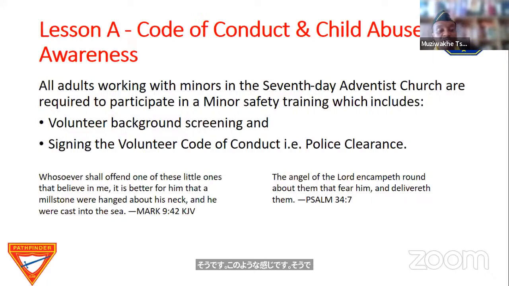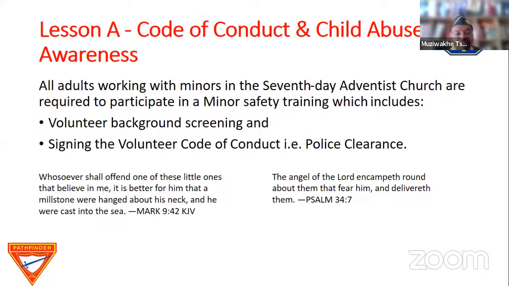So we can see how serious the Lord is about the protection of children. In Psalms 34, verse 7, the Bible says, "The angel of the Lord encampeth round about them that fear him, and delivereth them." As a result, we need to really prioritize the safety of our children.